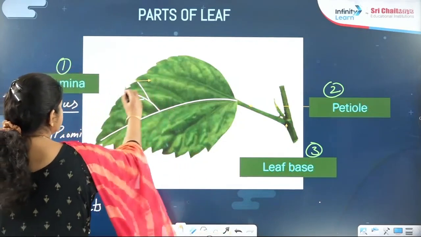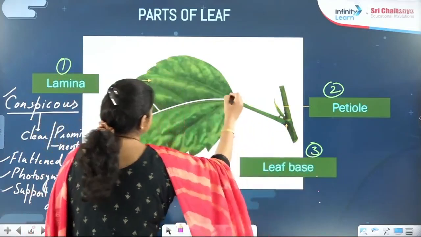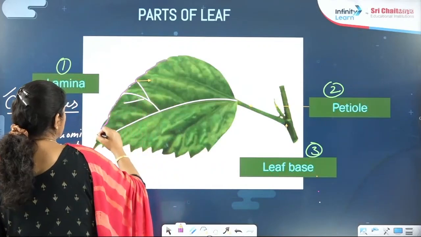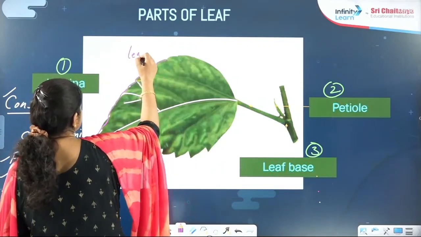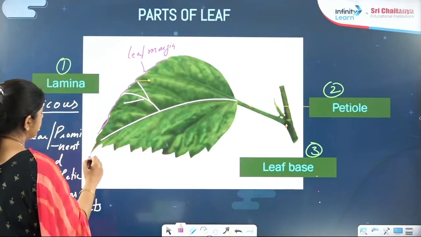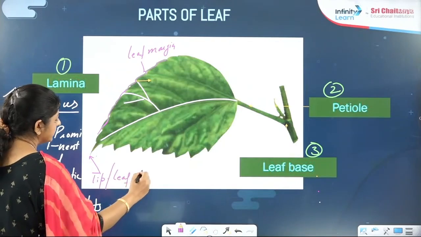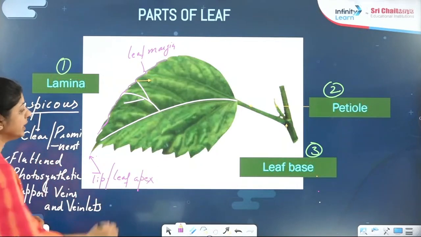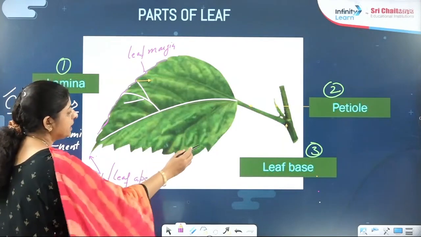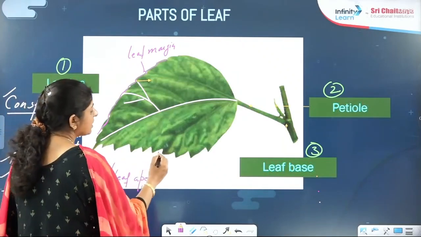Now, what is this part? This whole edge of the lamina is called the leaf margin. And what is at the tip? Obviously, the tip of the leaf, or the leaf apex. On the leaf margin, can you see these cuts? It is not always so; sometimes the margin is continuous and does not have these cuts.